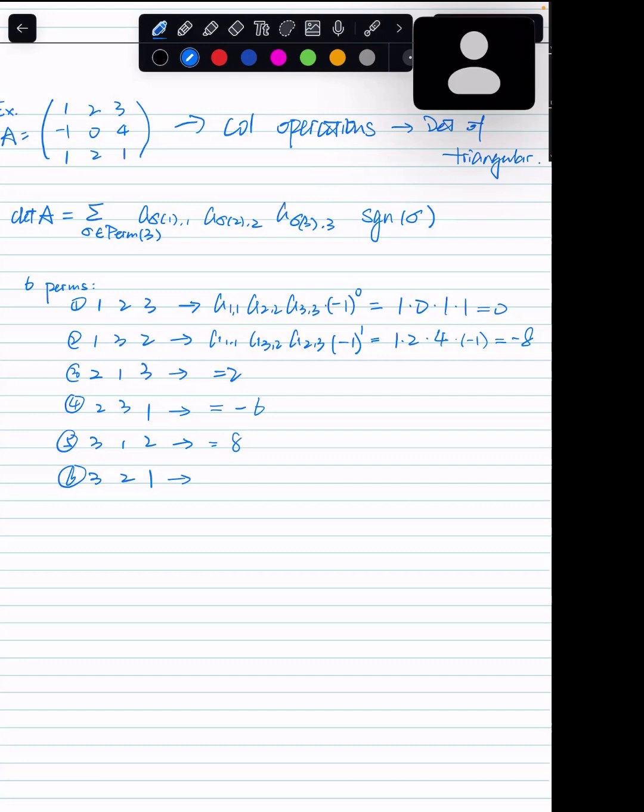Because 2 and 1 is one inversion. Oh wait, yeah, that's negative. Ignore me. Yeah, one swap is negative, 2 swaps or 0 swaps is positive. All right. So 3, 2, 1 is 0.